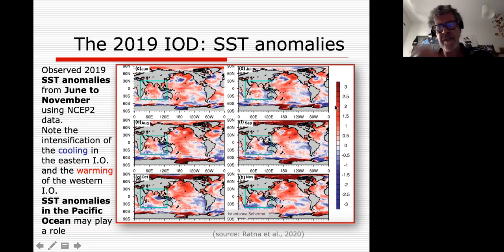Red means higher than usual, blue is cooler than usual. In June, you have no or only limited negative anomaly. The whole area is warmer than usual.